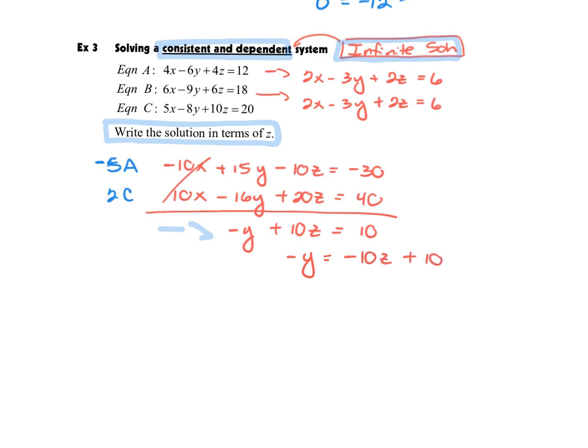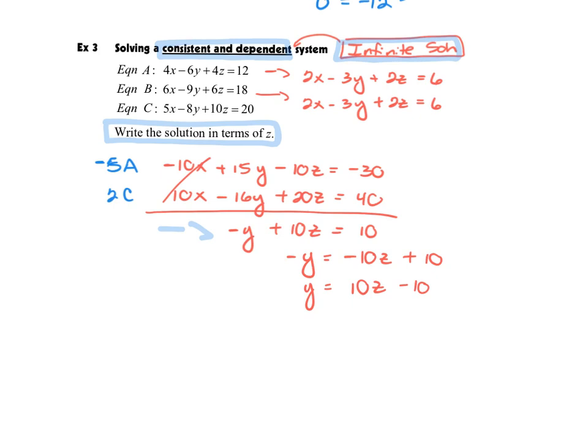That's one option. Then I can go ahead and solve this for y and say 10z minus 10. So now I have a solution in terms of z, meaning I could choose a value for z and get a value for y. That's what we're thinking, is we would substitute in z and we would get our y.